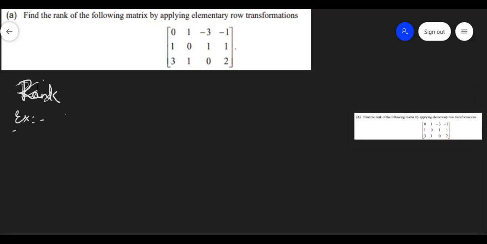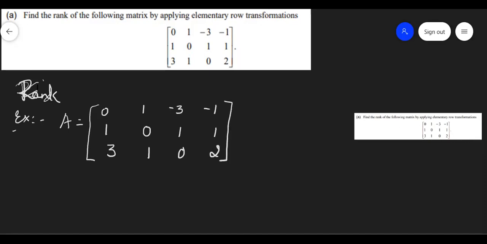take the given matrix. I'll call it matrix A, it's not given by any name. The elements are 0, 1, -3, -1, 1, 0, 1, 1, 3, 1, 0, 2.